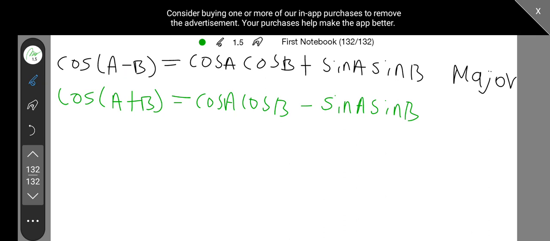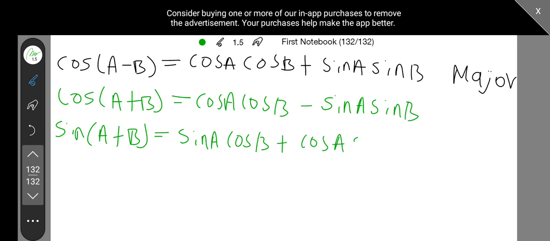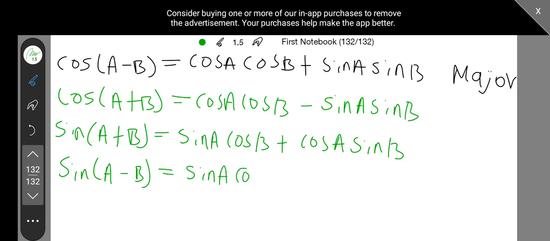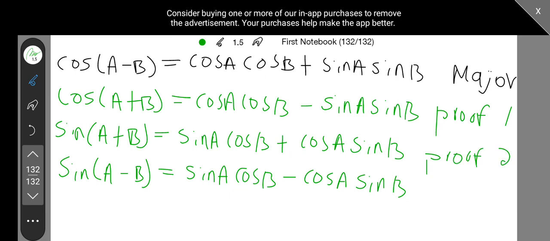And again, we can prove that sin(A + B) is equal to sin A cos B, then with sine the sign doesn't change, plus cos A sin B. The last one is given as sin(A − B) equal to sin A cos B minus cos A sin B. So this is proof 1, proof 2 and proof 3.